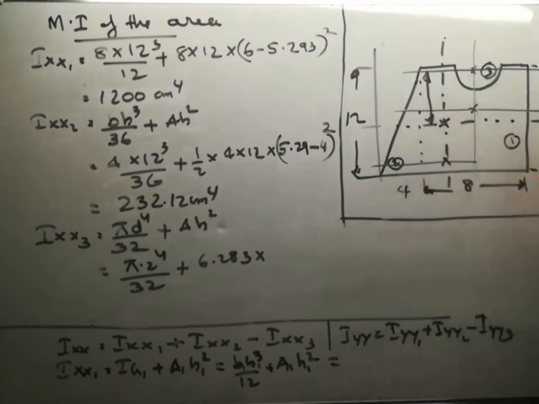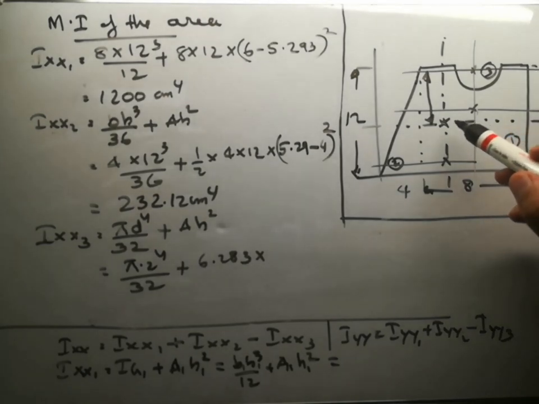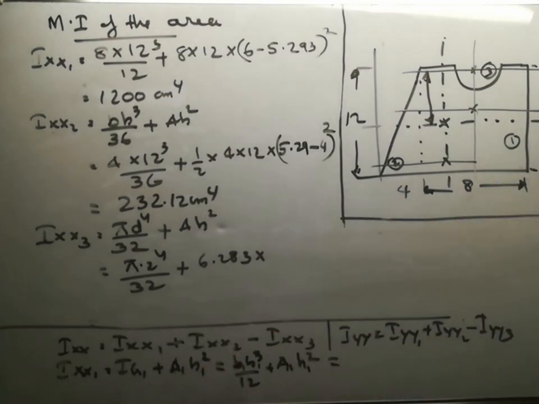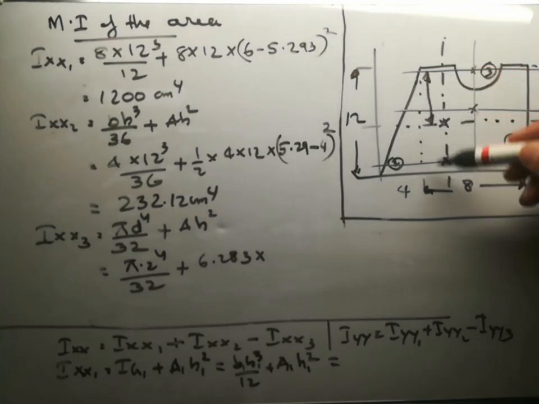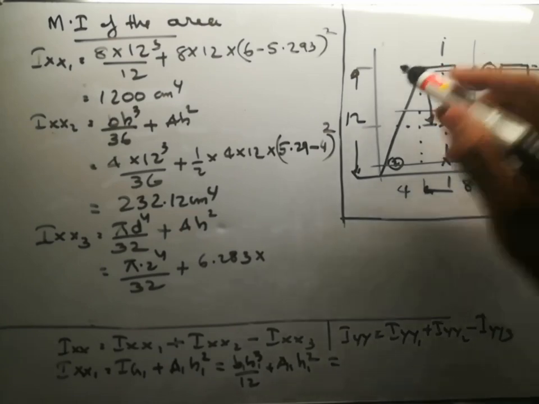So this distance will be the total minus this distance. The total is 11.15, up to here it will be 11.15.